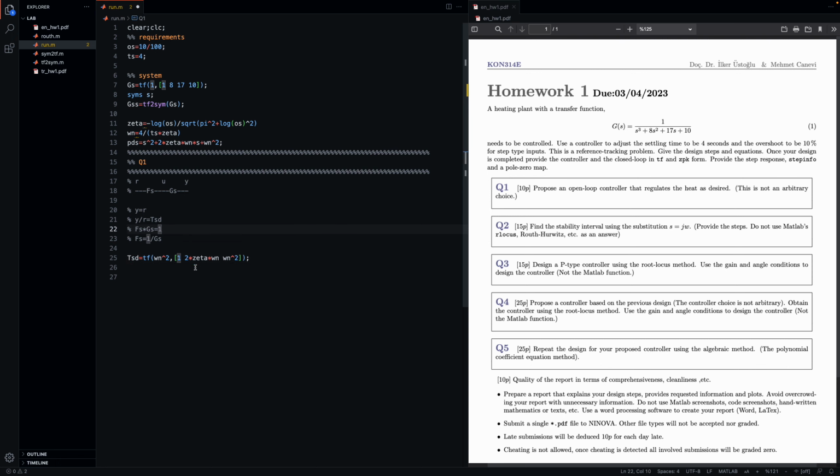Maybe not closed loop, but at least it is something. So you can see now that we're trying to achieve this y divided by r transfer function, TSD. And if we apply step to this transfer function, you will see it will have 10% overshoot and 4 seconds of settling time.